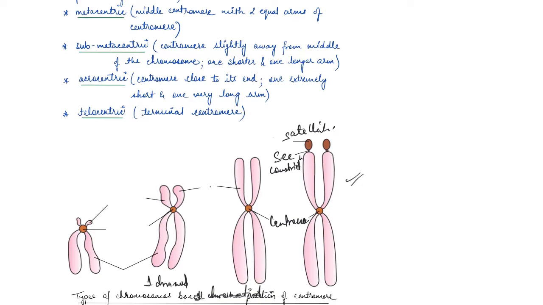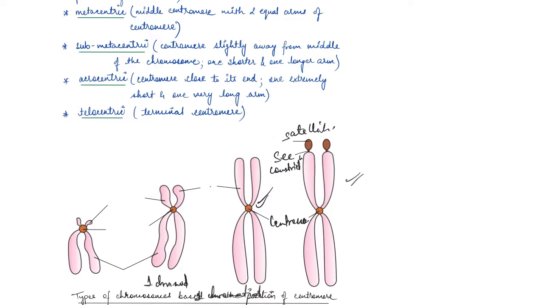Now the second one is submetacentric. In submetacentric, the centromere is slightly away from the middle, and that results in one short arm and the other long arm. The one you see here is submetacentric.